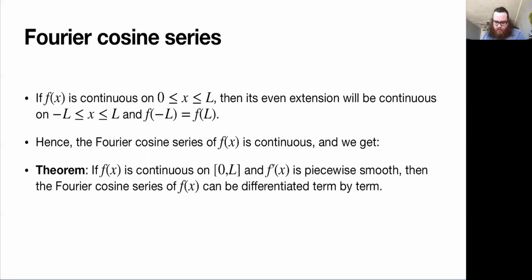So restating the theorem: start with a continuous function on the interval 0 to L. Let's sketch something like that, negative L to L, maybe some function like that. Then if you take its even extension, it's going to be something like that.